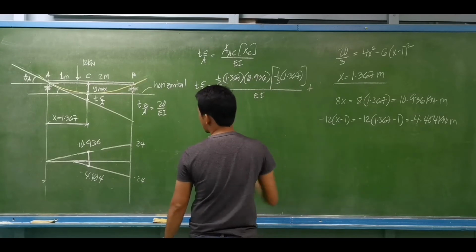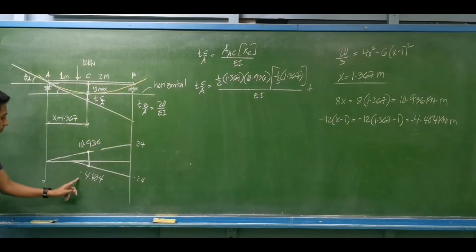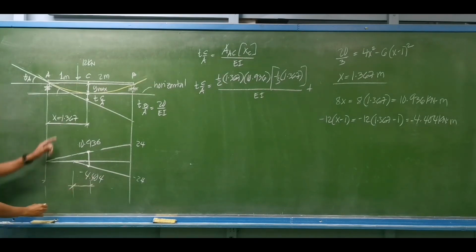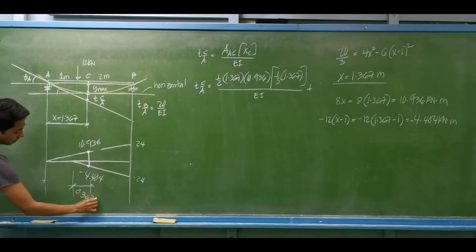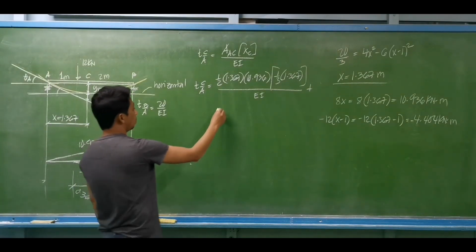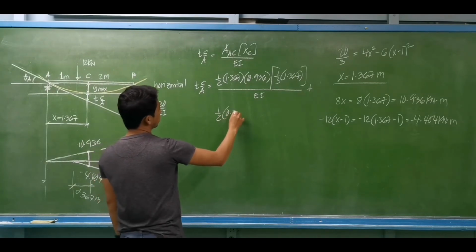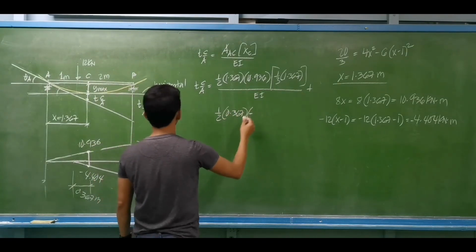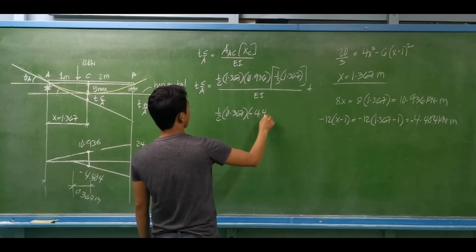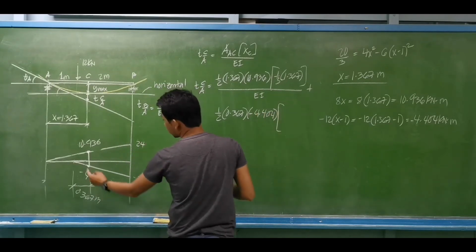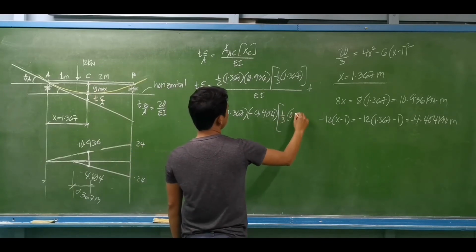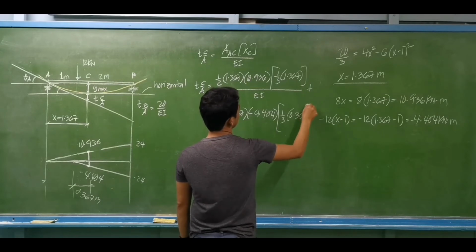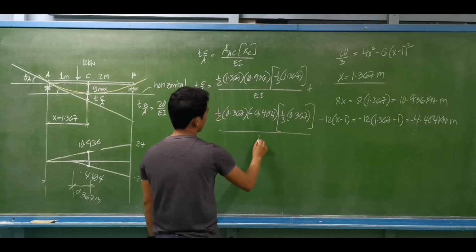Plus the negative area. Ito yan. So, by the way, this distance is 1.367 minus 1 is 0.367 meter. So that is 1/2. Ano yung base? 0.367. What is the height? We have negative 4.404. Distance of its centroid towards point C, that is 1/3 of 0.367, over EI.